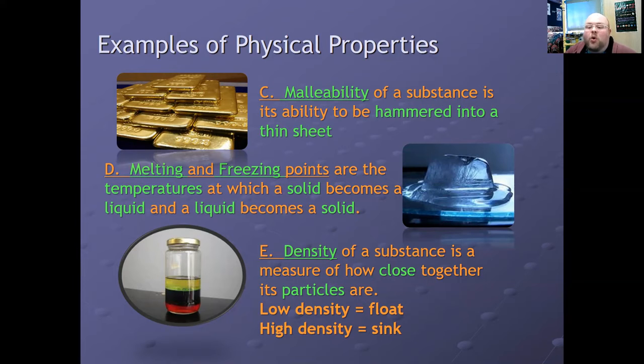These, same with boiling point, all of these are physical properties, because if something melts or freezes or evaporates into a gas, it does not change the identity of the substance. So that would be considered a physical change because these are physical properties.